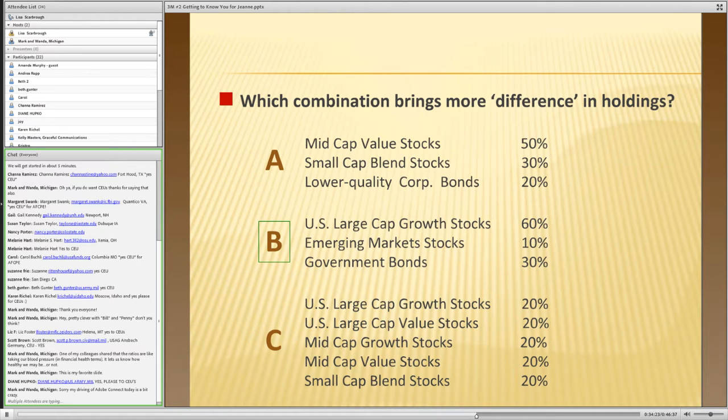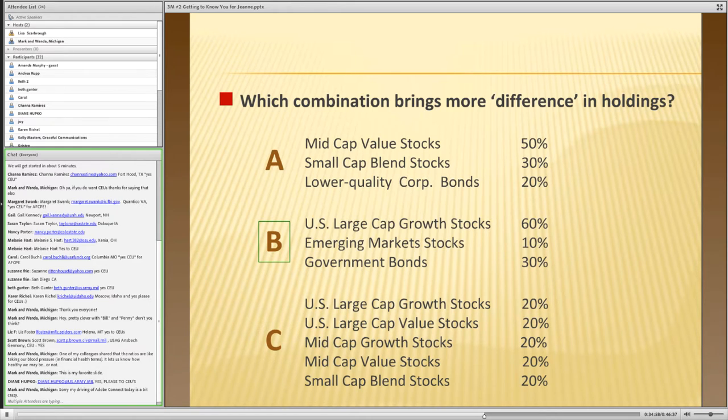Typically, not the spiffiest balance sheets either in mid-cap value and in small-cap blend as a general rule, and I'm combining them with lower quality corporate bonds, which often act very much like small cap blend stocks. So the debt in lower quality corporate bonds typically don't dance in a highly correlated way to interest rates. They do to GDP. So when I look at them together, they could almost be kissing cousins.